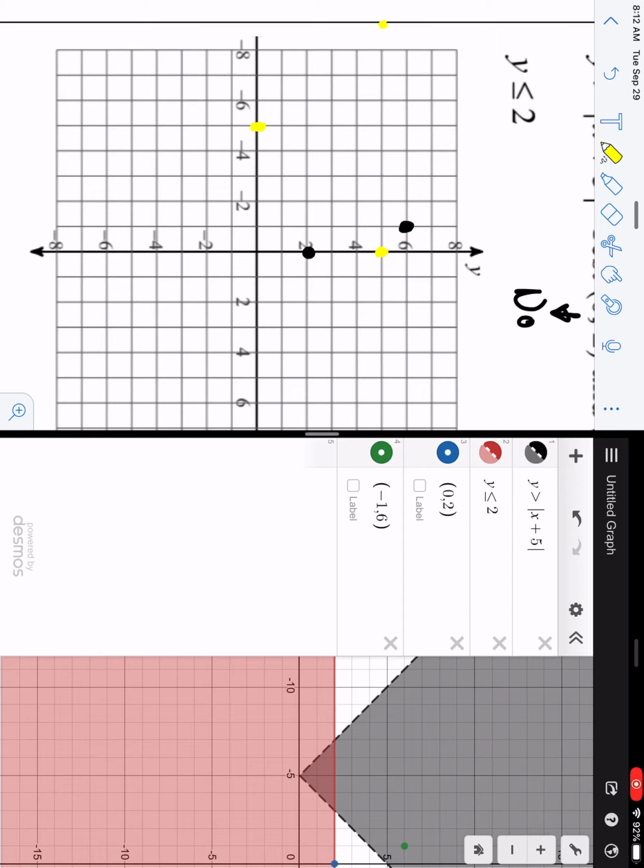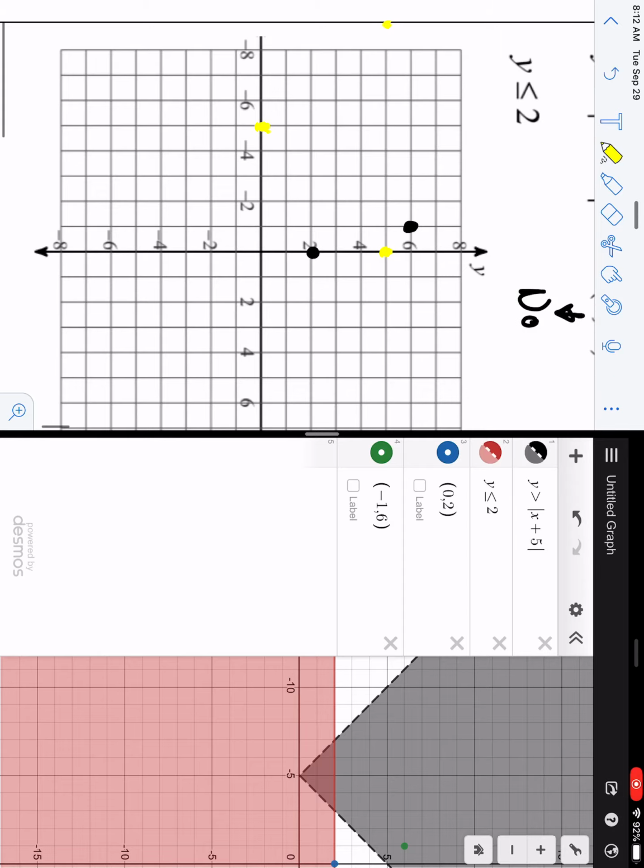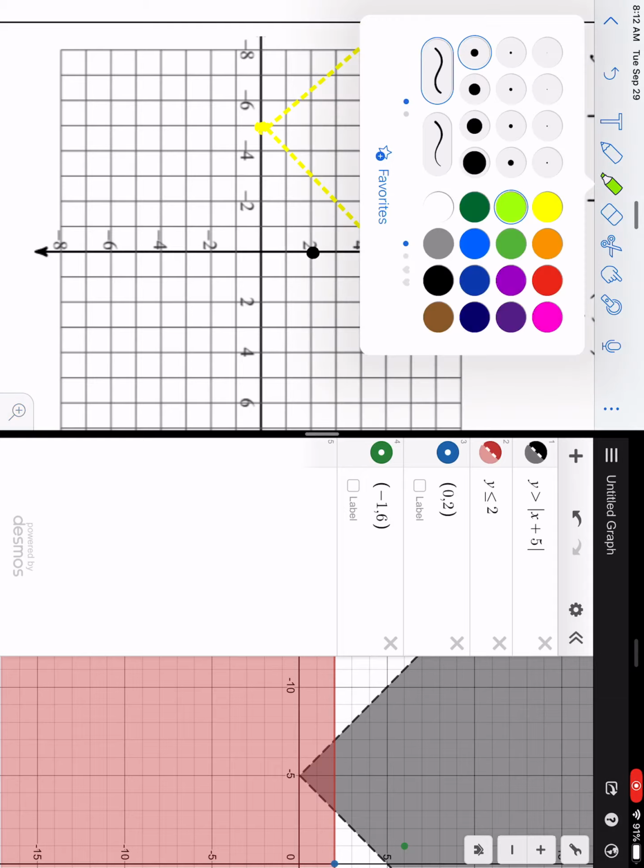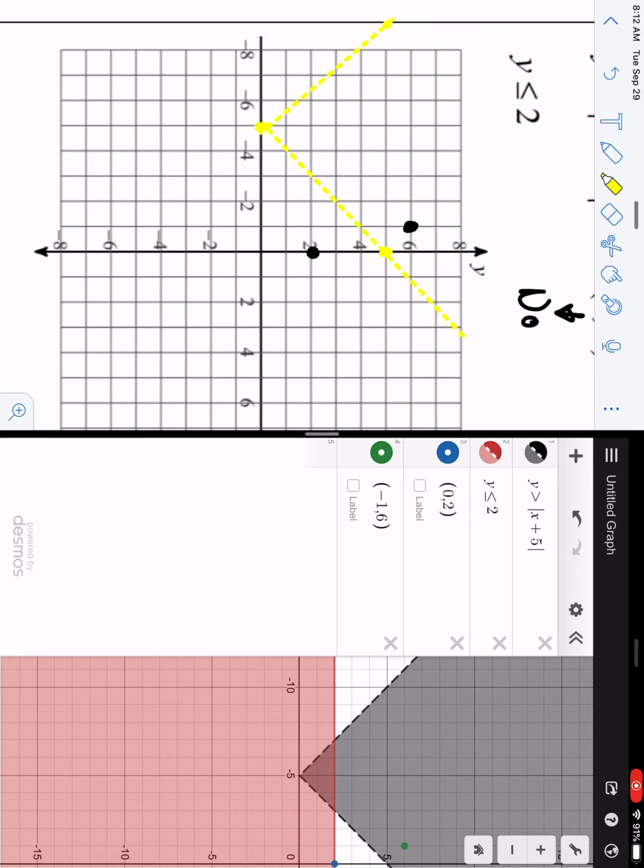This will be roughly there. And then just shade. All right, all of this isn't necessary. The only benefit to doing this is you can get a quick visual when you go back over and look at your work.